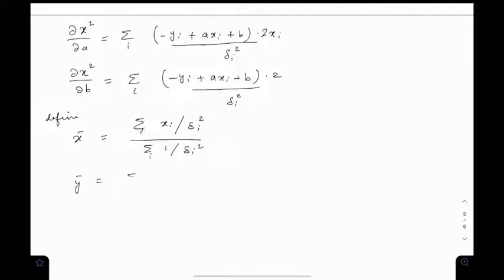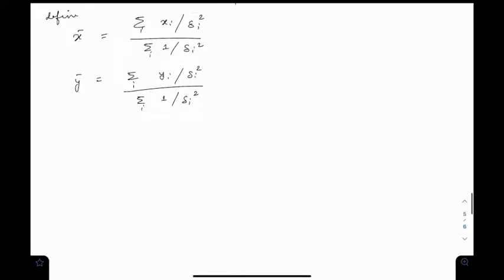Similarly, we have y bar, also x bar square and xy bar.